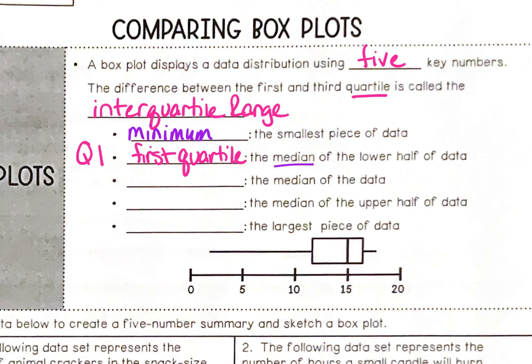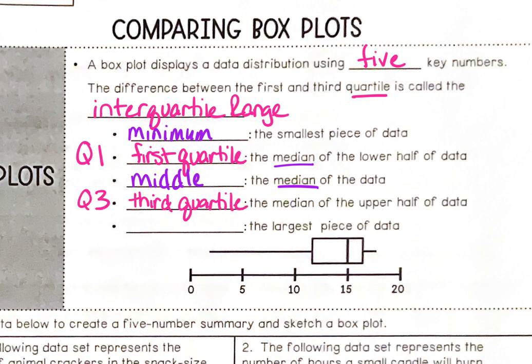We have the median of the data, which is going to be the middle part of that data, the median. And it's always also called the median. The median of the upper half of the data then is the third quartile, which we're going to call Q3.